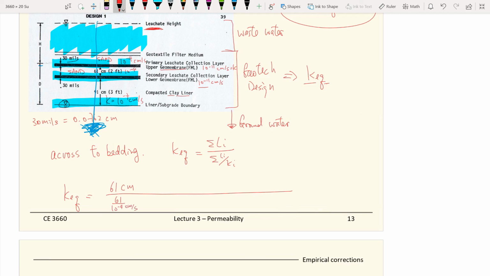So this is your first sand layer, and then you will have your geomembrane layer underneath your sand layer. Now this is very thin and also comes with a very low hydraulic conductivity. I highly recommend you always list out all the units.